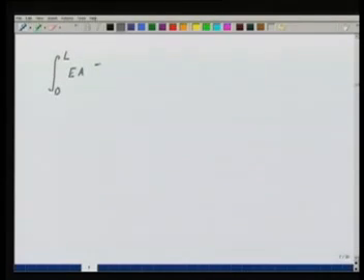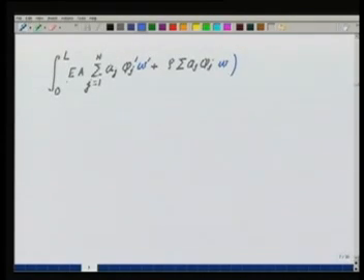Then if I put it back in here, what will I get? I will get integral 0 to L EA sigma 1 to n, I will put it now as j equal to 1 to n, aj phi j prime, prime meaning derivative with respect to x, plus rho sigma aj phi j, and here I will have actually into w prime, this into w, dx.